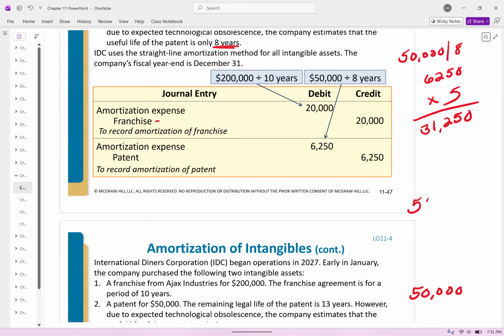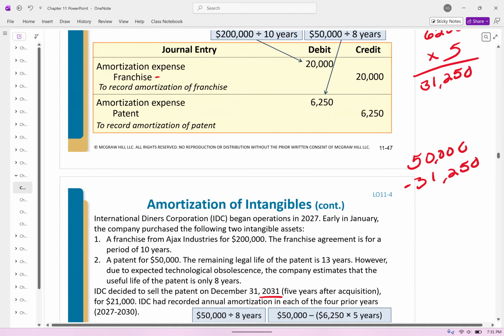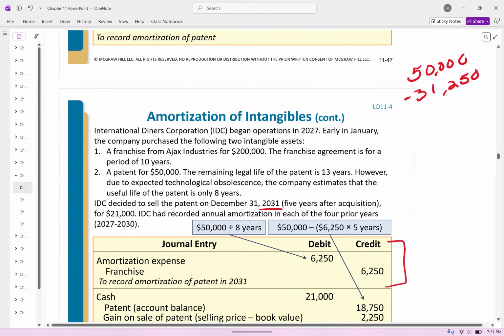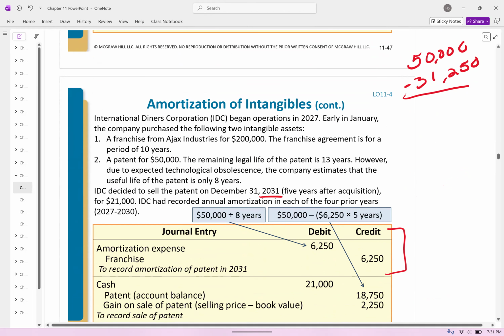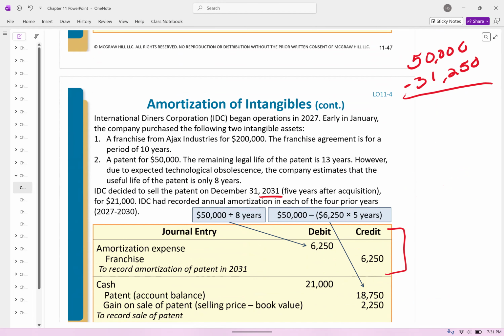The patent had 50,000 in it, and they credited the patent for 5 years of that asset. That gives us, that patent had a book value of $18,750. That's our book value.